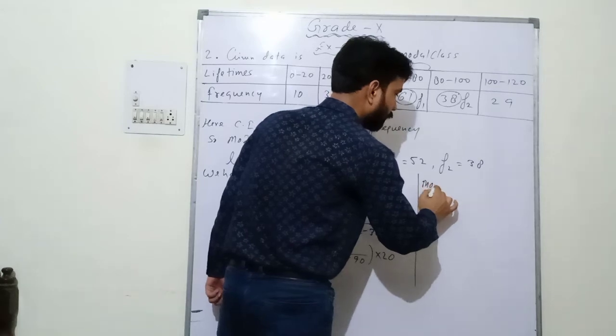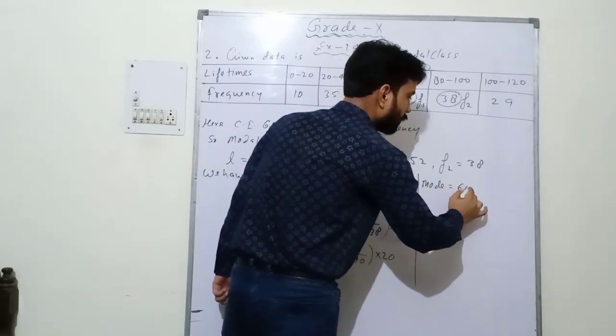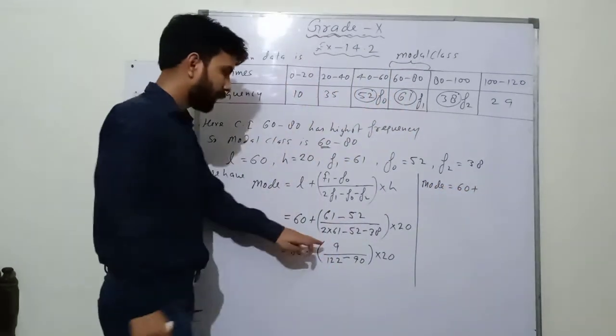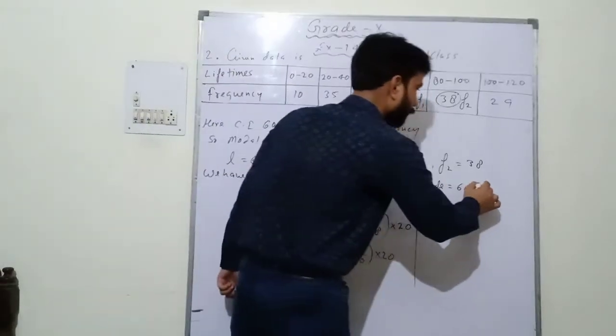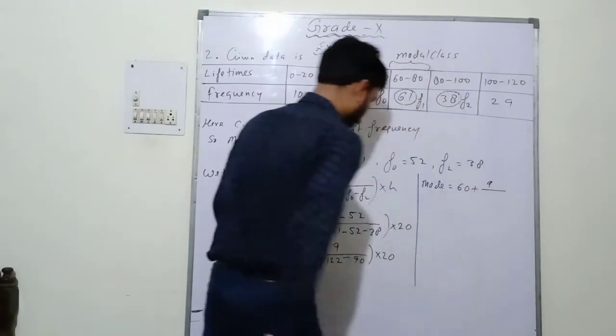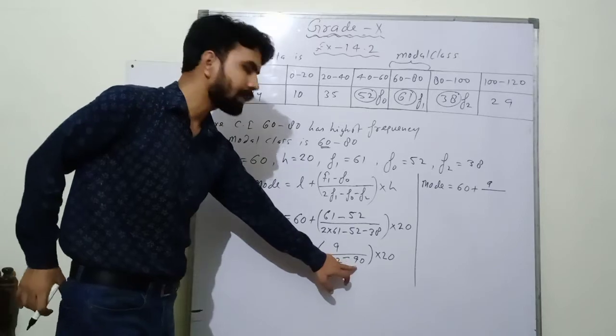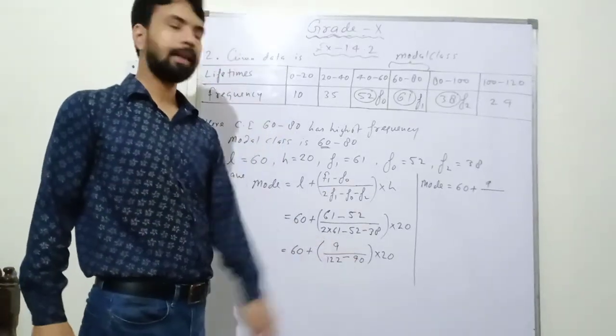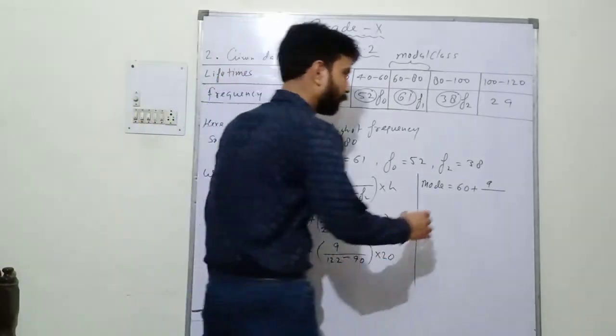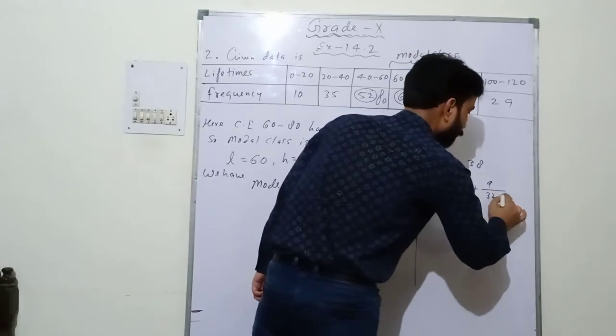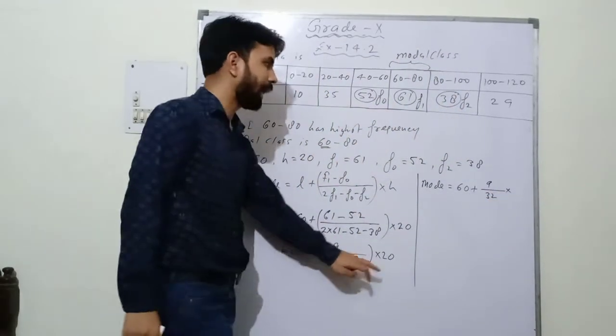Now mode equals 60 plus 9 upon 122 minus 90. 122 minus 90 is 32, into H is 20.